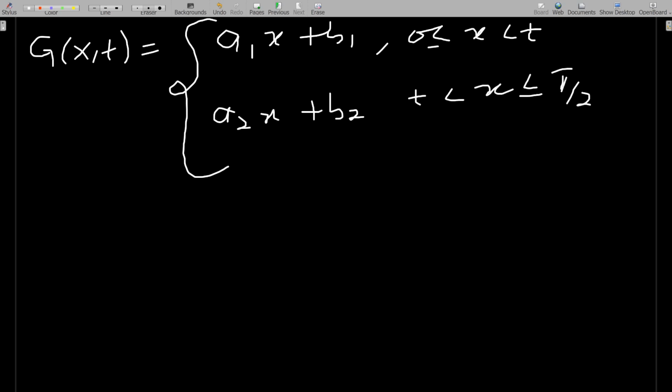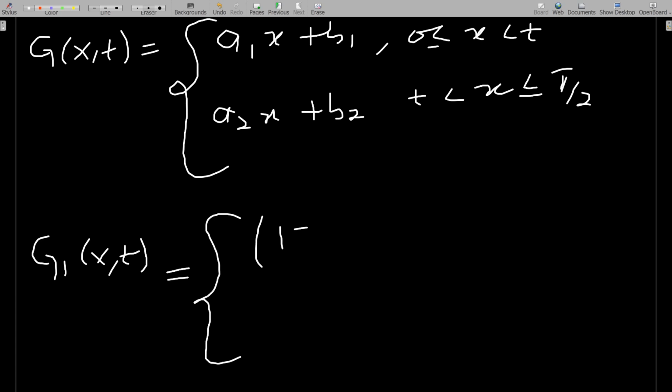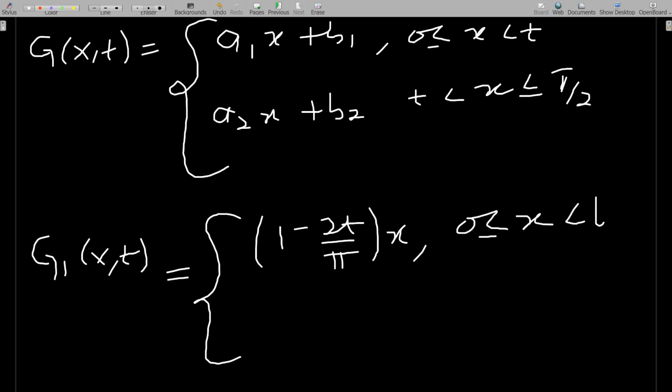Since we know our a's and b's, we just put them back. a1 is 1 minus 2t over pi, and b1 is 0, so I don't actually write it, for x less than t. And a2 is minus 2t over pi, so I have minus 2t over pi x plus t, for t less than x less than or equal to pi on 2.